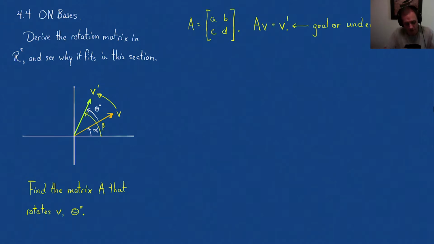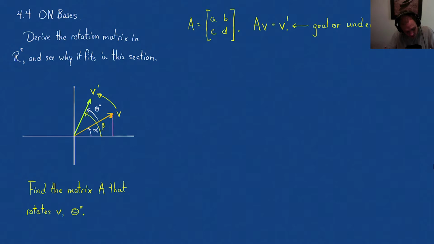How do we do that? Well, let's go back to some simple trigonometry. If I draw this right triangle using v, well, I know that v has an x coordinate of, I always have to think about this, cosine, right?